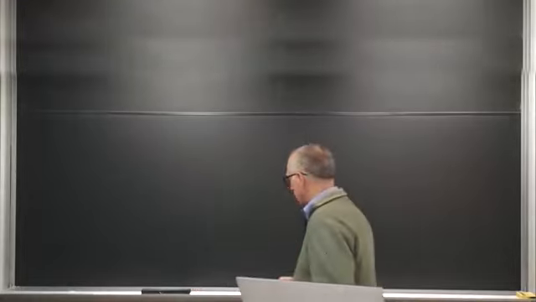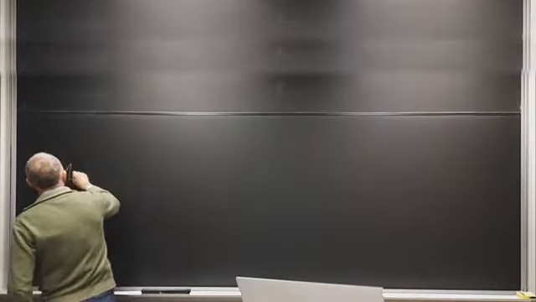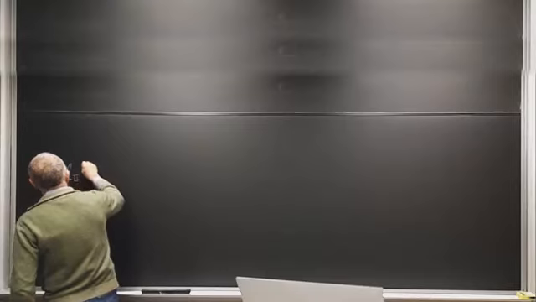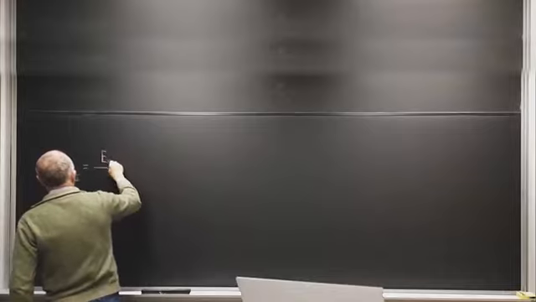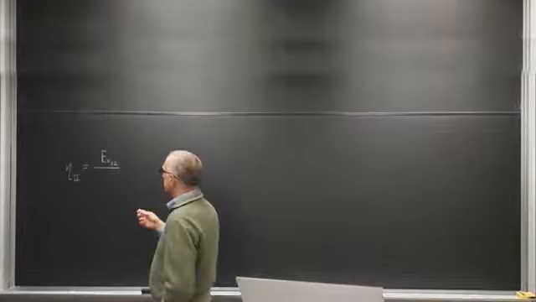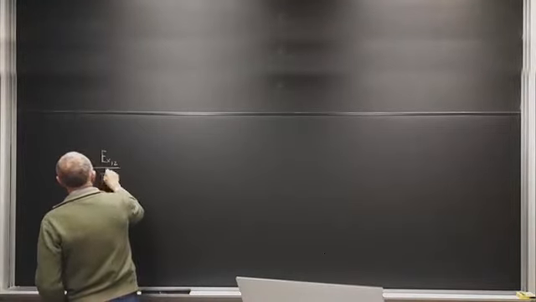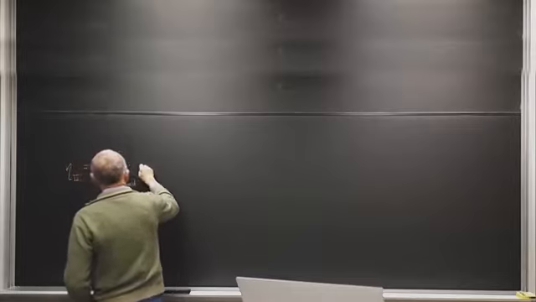So how do you define the second law efficiency? It's eta 2 is equal to the exergy of your result, useful effects, over the exergy consumed. All right?